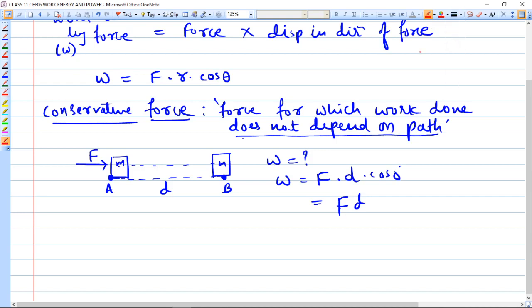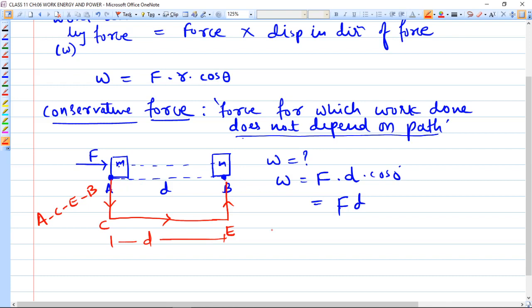See carefully: A to C, C to E, and E to B, and this is nothing but D. Suppose the object is moved from A to C, then C to E, then E to B. So what happens actually?